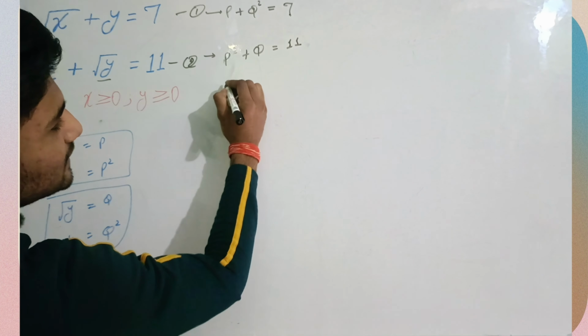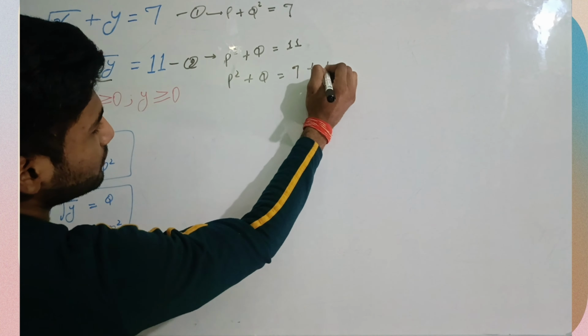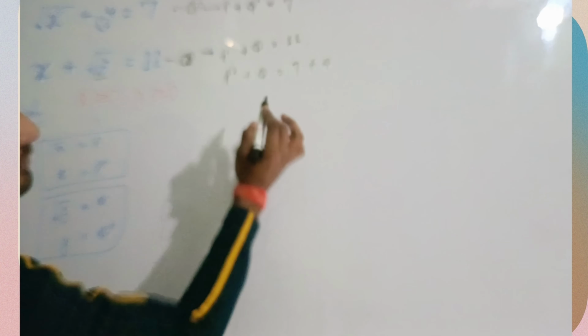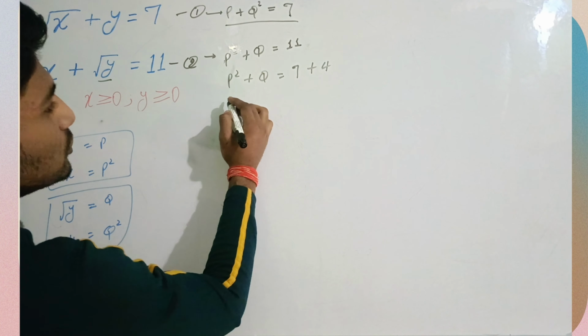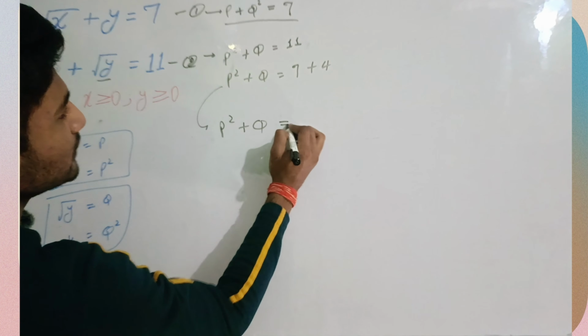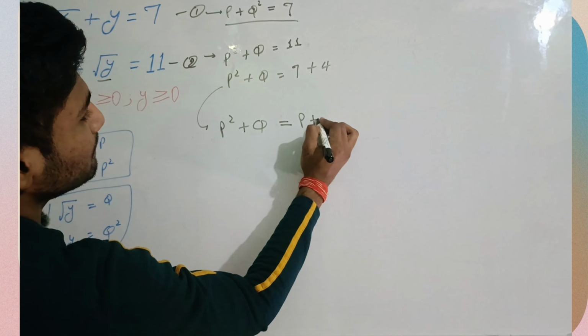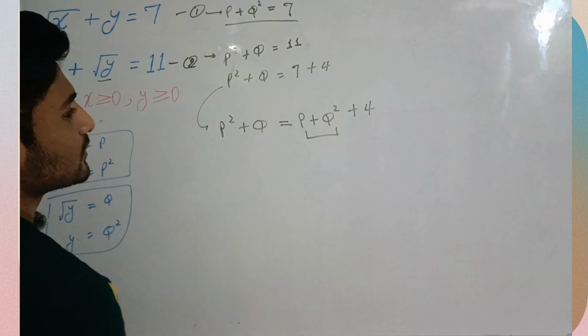Now 11 is the same as 7 plus 4, and here 7 is equal to p plus q square. So we get p square plus q is equal to p plus q square plus 4.